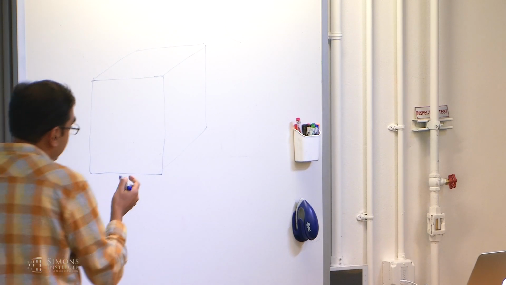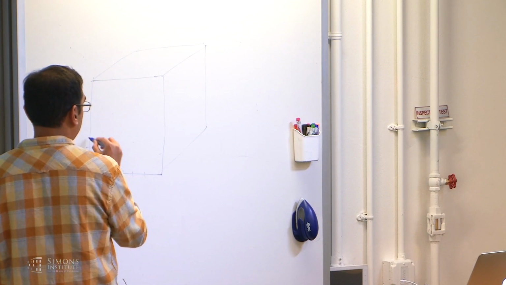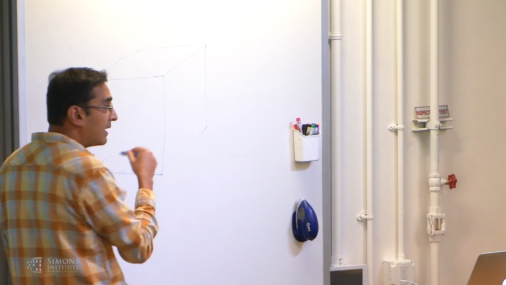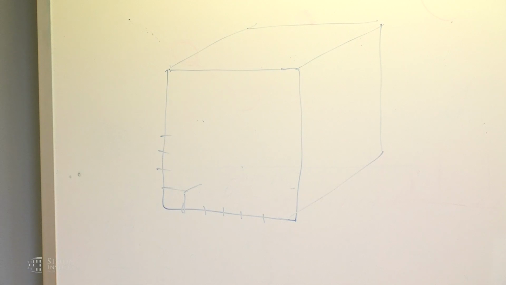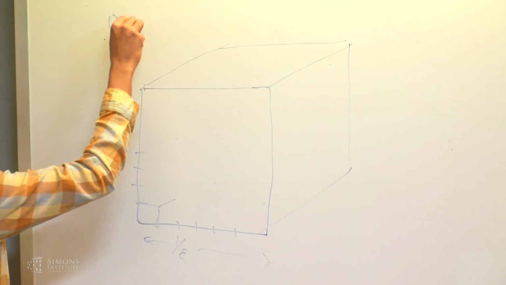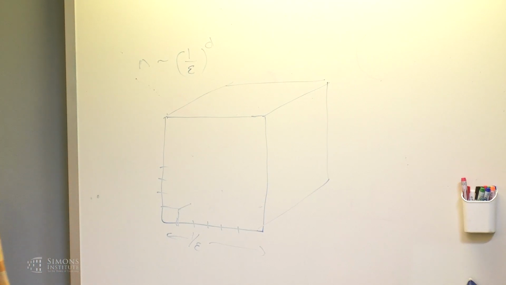Well, basically, you have to create this grid of size epsilon, and you need maybe a couple of points inside each grid box. That's why you need n to be about 1 over epsilon to the d, if all you know is something is Lipschitz. So that's sort of necessary and sufficient.